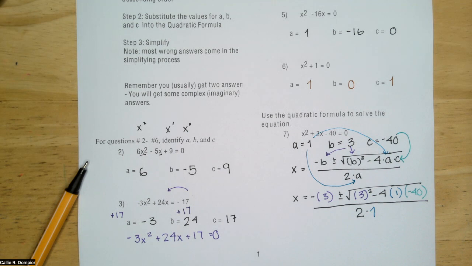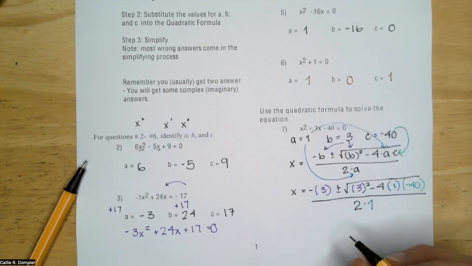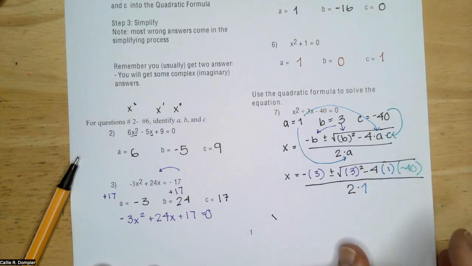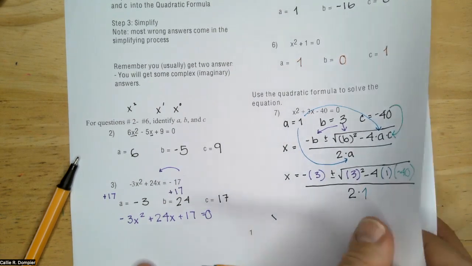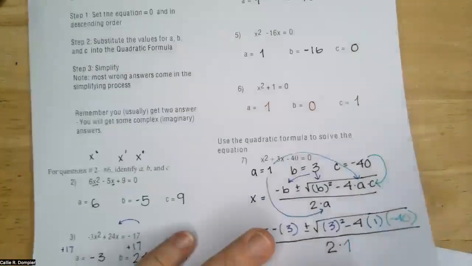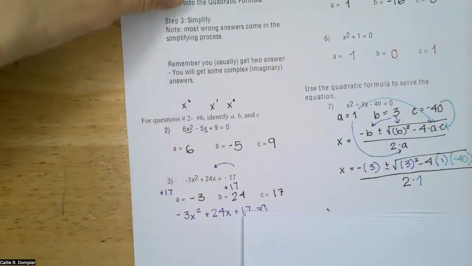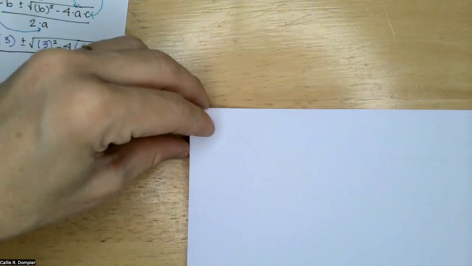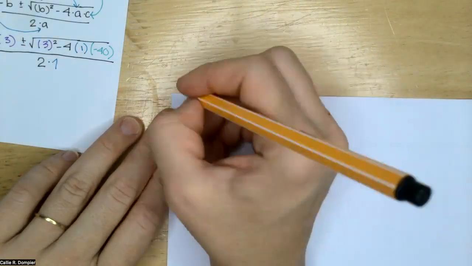Now we simplify, okay? I'm gonna run out of room. All right. I'm gonna copy it down right here so that it's easier to simplify.